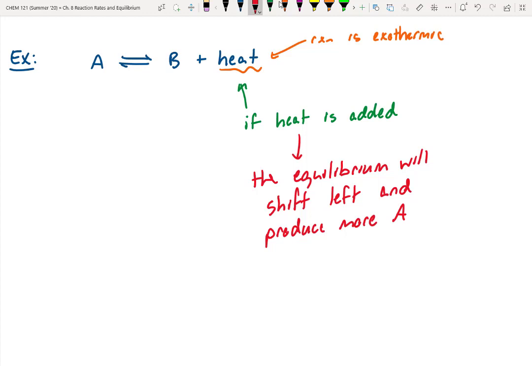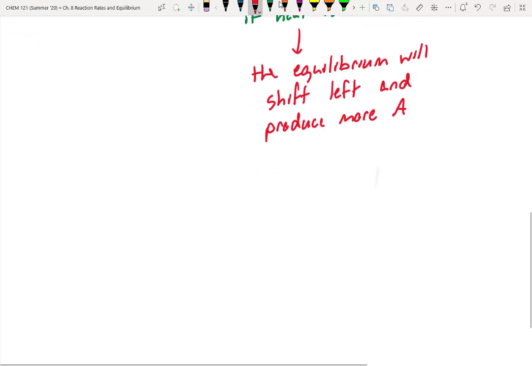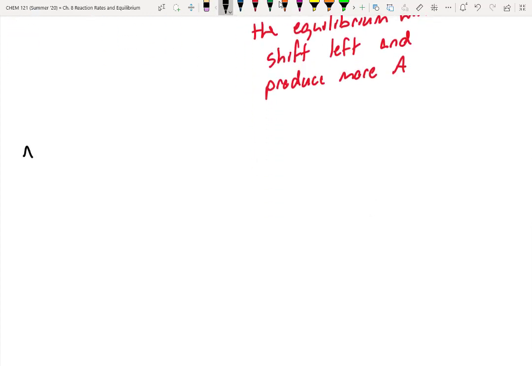Well, then we would drive the formation of B. So we can actually play around with exothermic and endothermic reactions by adding or removing heat this way, which is kind of clever.